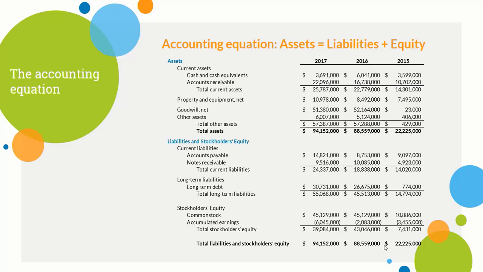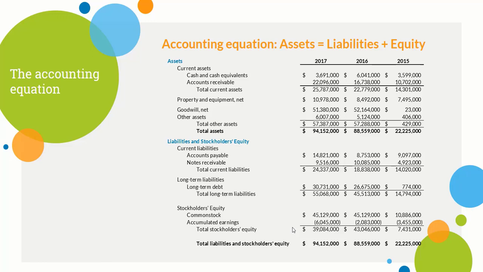So when you add up this $55 million right here, plus this $39 million, you get this $94 million. And this number right here matches this number up here. So assets equal liabilities plus equity.